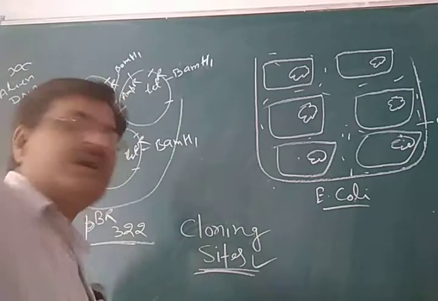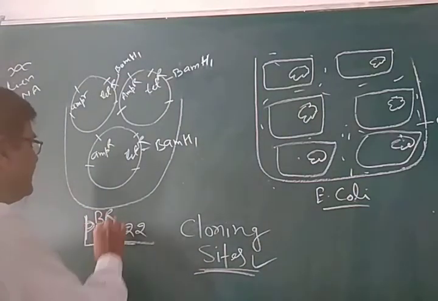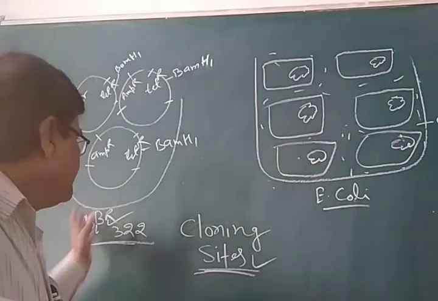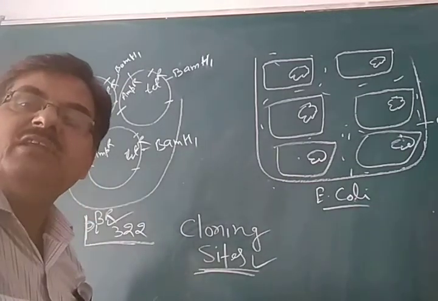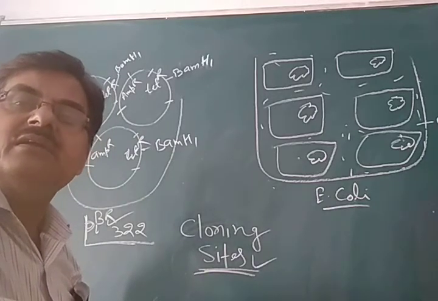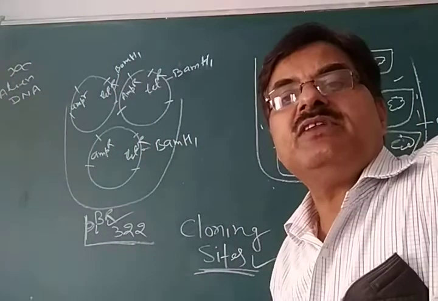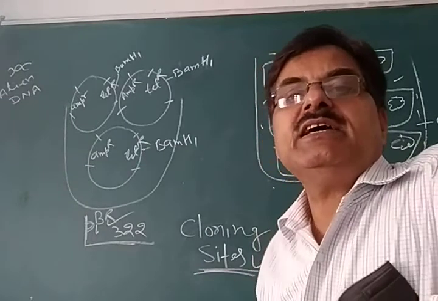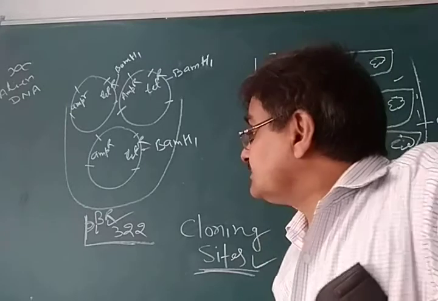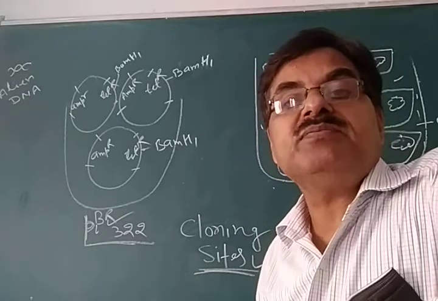For example, pBR322: p is the plasmid, B is Bolivar, R is Rodriguez. These are the names of the two scientists who developed this cloning vector, which is now commercially used for the cloning of the alien piece of DNA or foreign DNA, because we require a large number of the cloning vector for large scale production of industrial products.